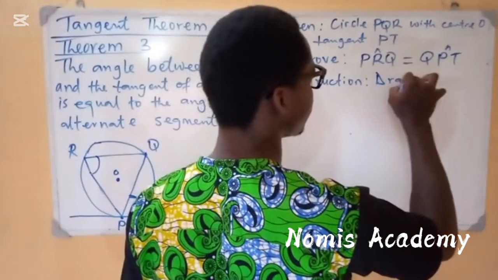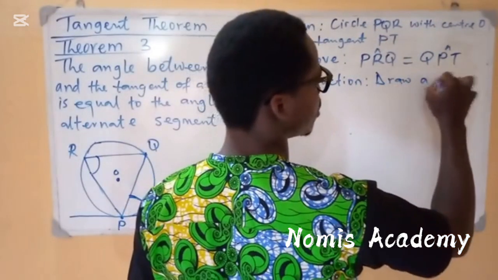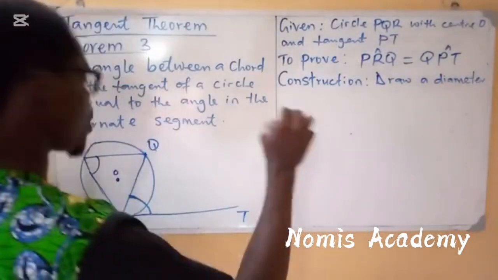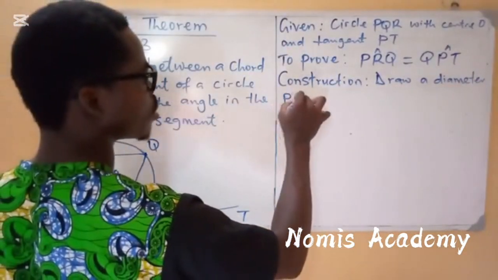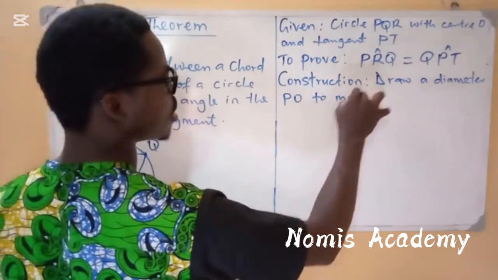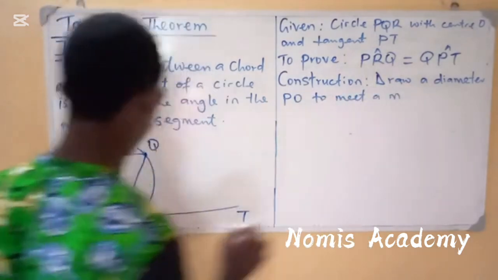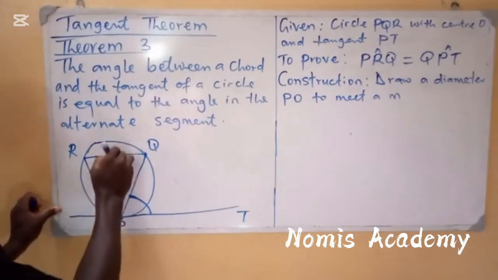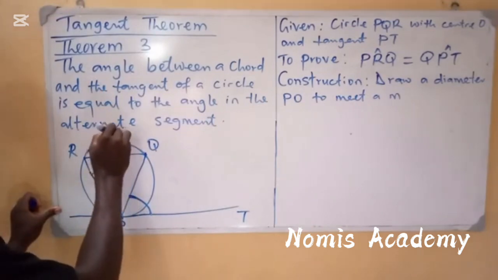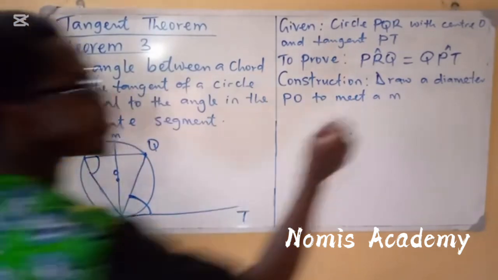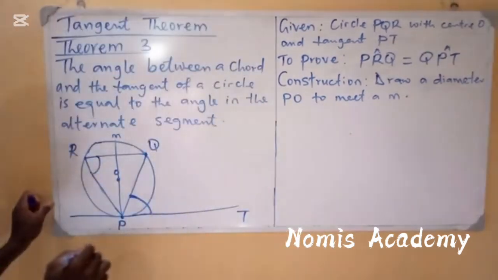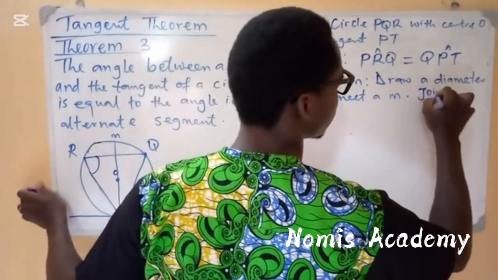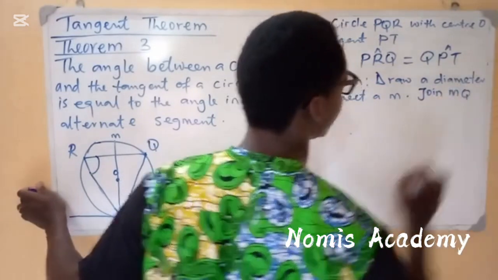Draw a diameter PO to meet at M. Okay, so we call here M. And then we are going to join M to Q. Join MQ.